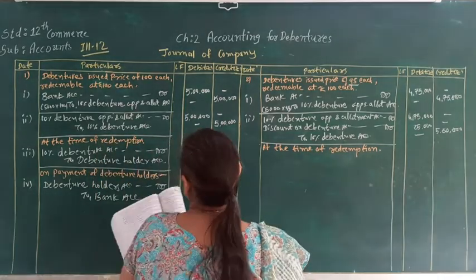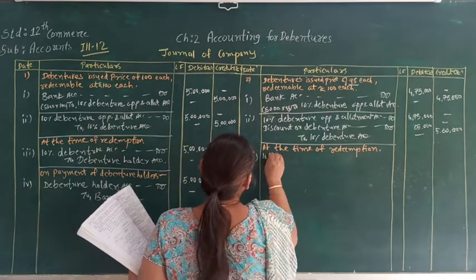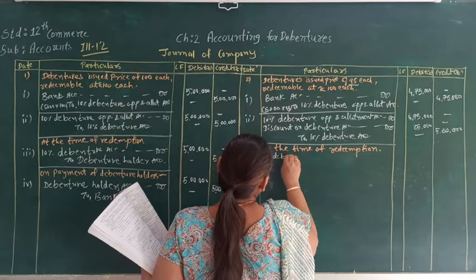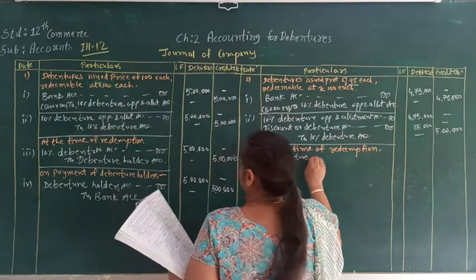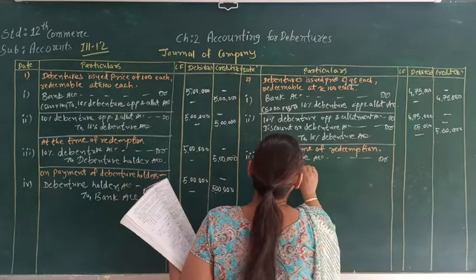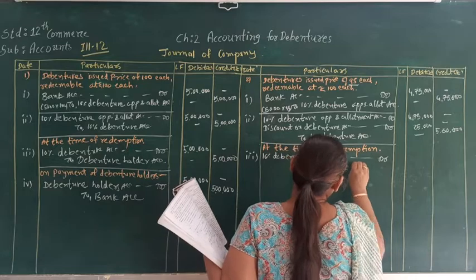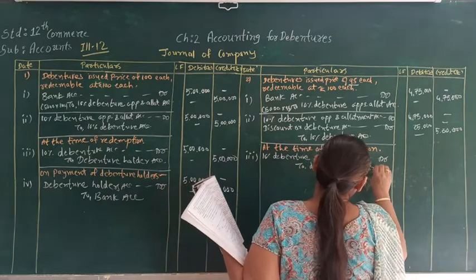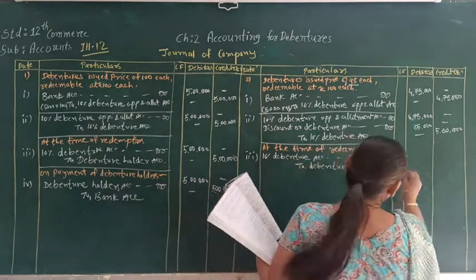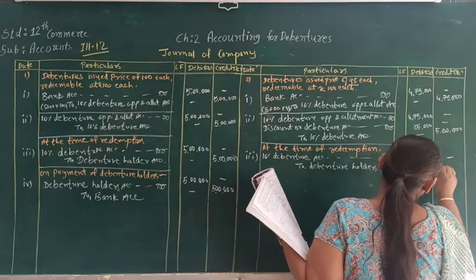So this journal entry will be for rupees 5 lakh: 10% debenture account debit to debenture holder account, 5 lakh.